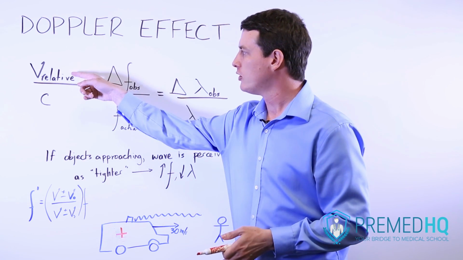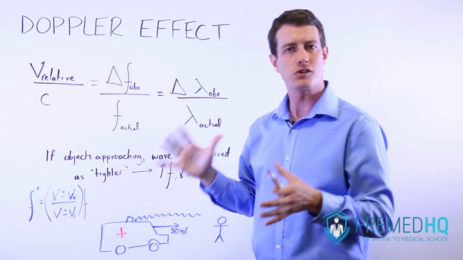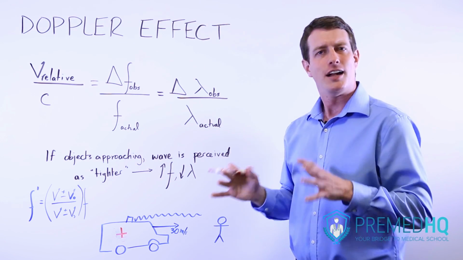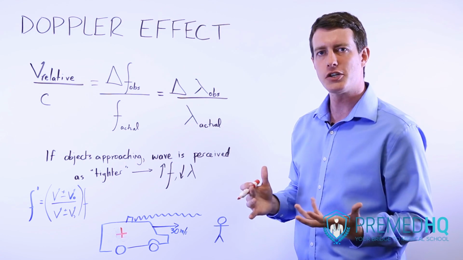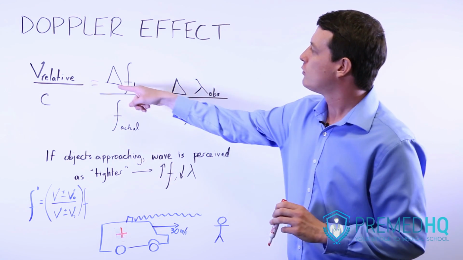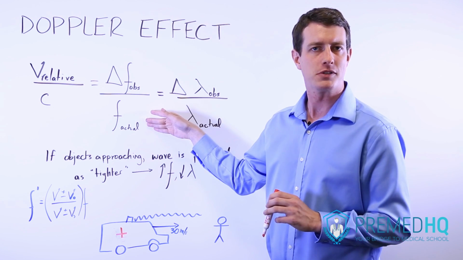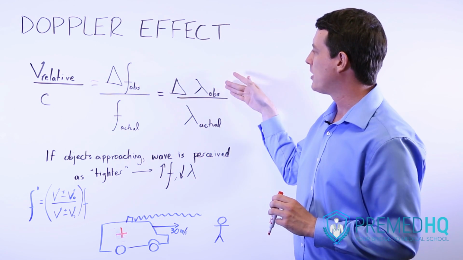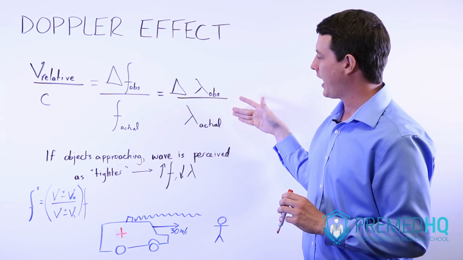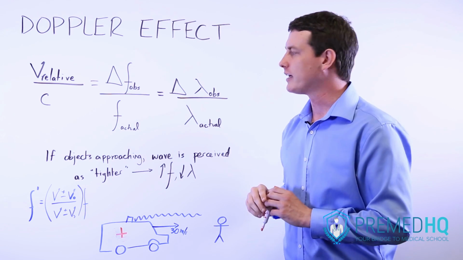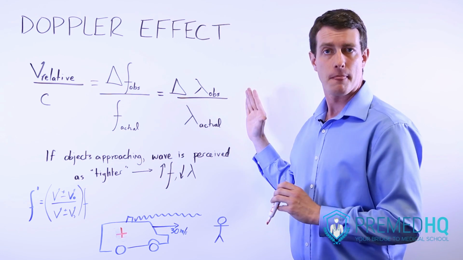And when you look at 30 over the speed of sound, which is around 340, you're looking at a bit less than 10% change. And that means that it will seem about 10% different than its actual frequency, and it will seem about 10% different from its actual wavelength. And so the observed or perceived wavelength is going to be different.